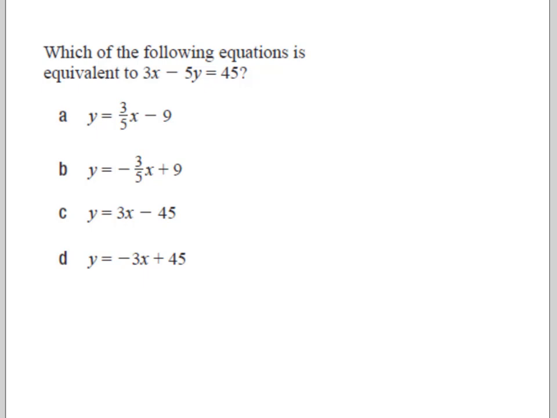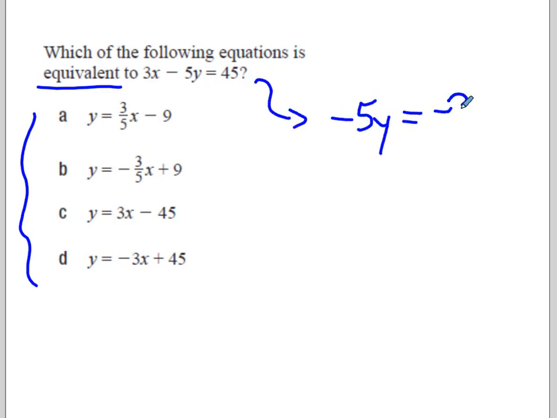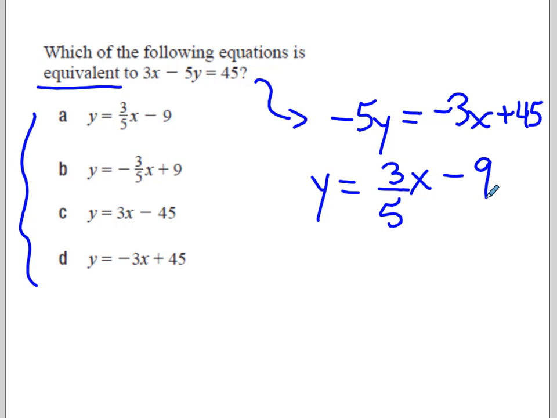Which of the following equations is equivalent? That means equal. So everything listed here is in the form y equals mx plus b. So we want to do a little bit of work here and rearrange this. Divide everything by -5, and we should get something that looks like that.